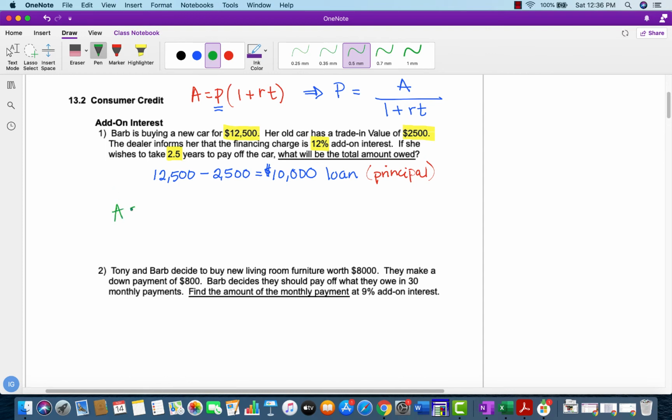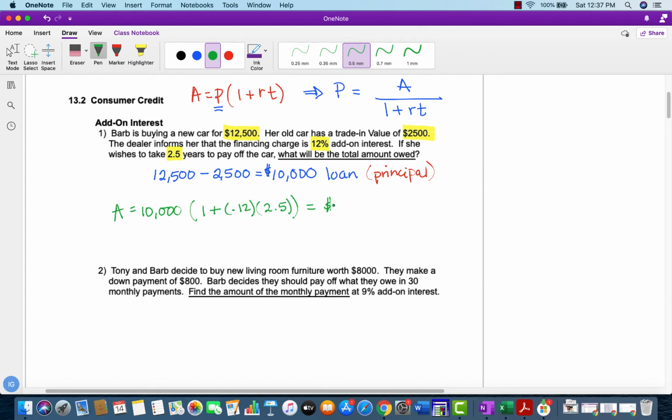So now we're going to say the principal, $10,000, times 1 plus the rate as a decimal, times the time, 2.5 years. If we multiply this out, that should give us the total you're going to owe or you're going to pay back after 2.5 years. So you can type this on the calculator and figure out the total amount.